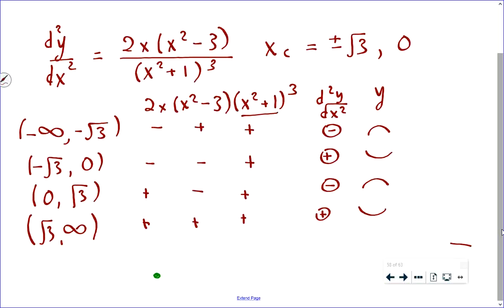What's increasing or decreasing is the first derivative, which is the slope. What does that tell us? That tells us that there's an inflection point here. There's an inflection point here. And there's an inflection point here.